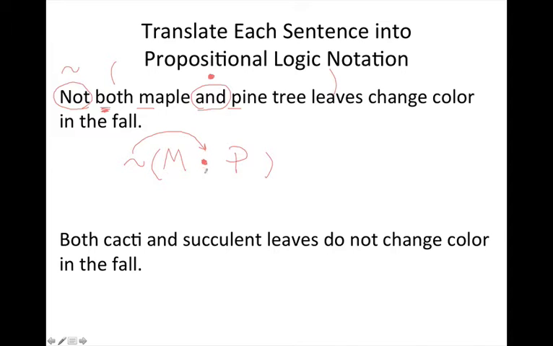And then the other point to remember is that all of our operators, with the exception of tilde, are always like the white stuff in an Oreo cookie or the stuff between the bread in a sandwich, right? You always have your connective symbolized by an operator, dot, disjunction, conditional, biconditional, sandwiched between two sentences.